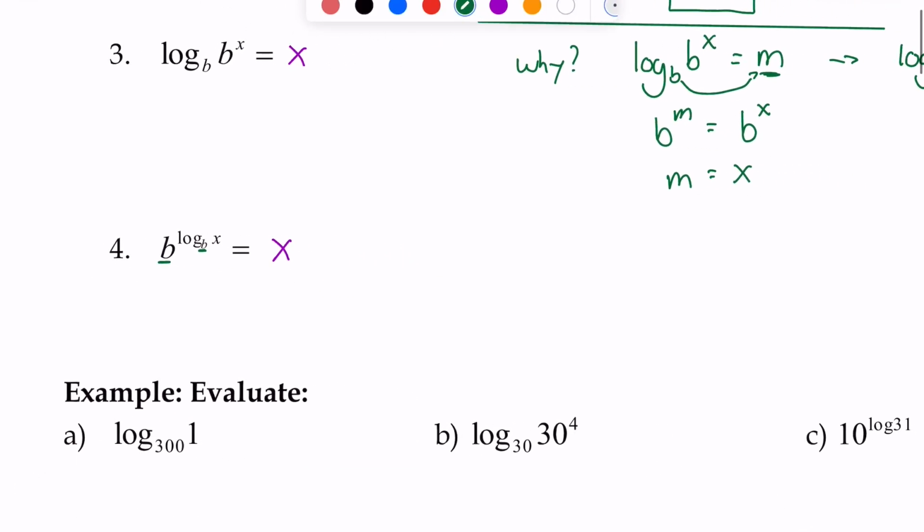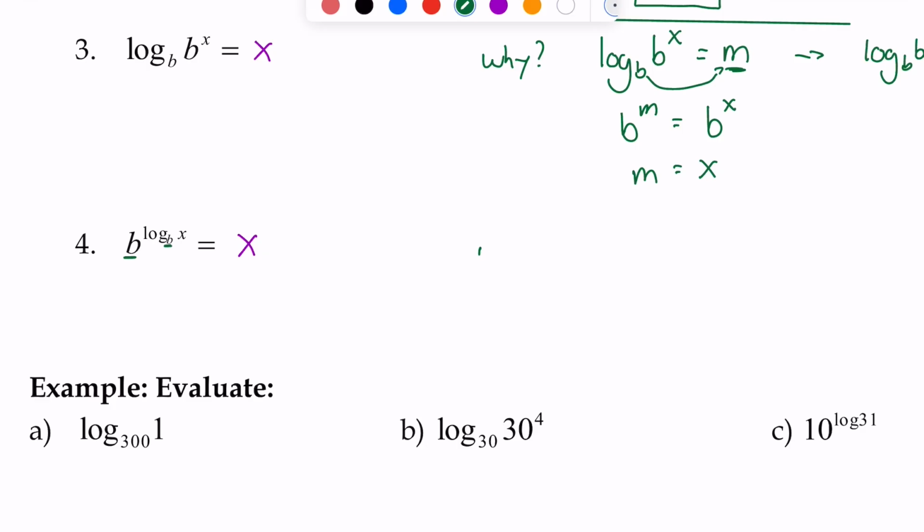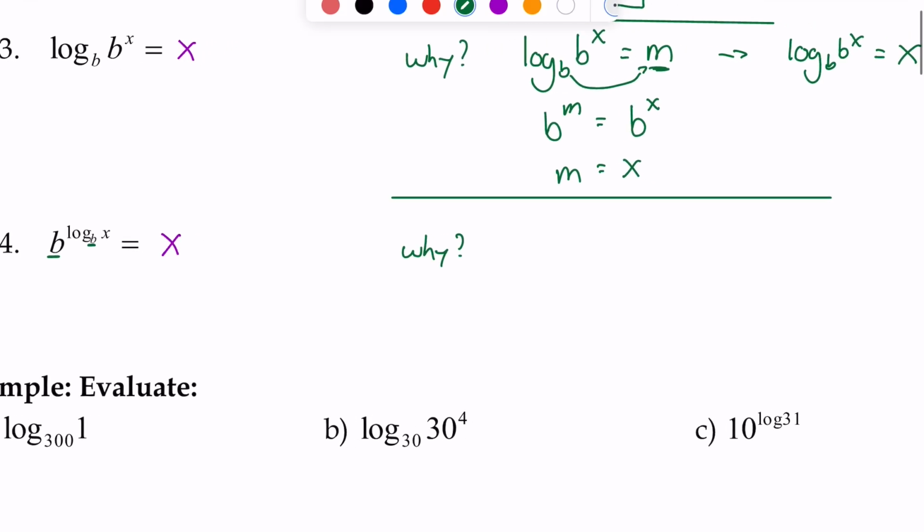But again, the why, because I hate just learning a rule and being told, hey, that's a rule, take it and go with it. I always want to know why that is the case. So I'm going to look specifically at what's up in the exponent to prove this. Let's write log base b of x.